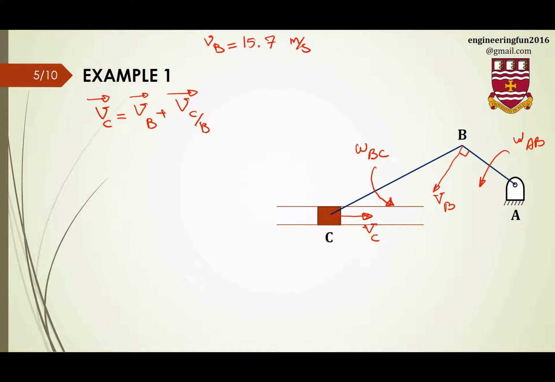Based on this assumption here, the velocity of point C is some amount of velocity, and this is in positive I direction. It doesn't have any component in Y direction, so something in I direction. Okay, velocity of point B is this guy. Velocity of point B is 15.7, and this is the direction.